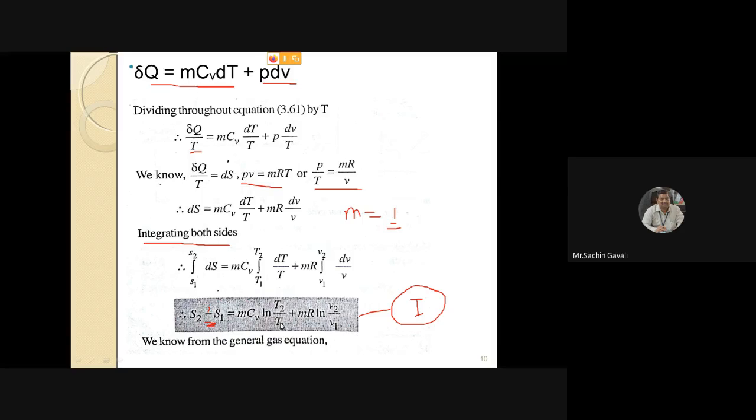Now this derivation we want in terms of temperature and pressure. For that, we use our ideal gas equation: P1 V1 upon T1 is equal to P2 V2 upon T2, and we want to replace V2 by V1. So V2 by V1 is equal to P1 by P2 into T2 by T1.